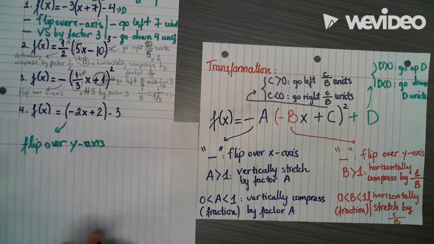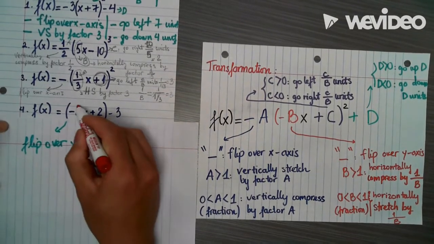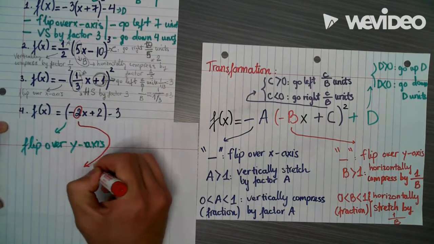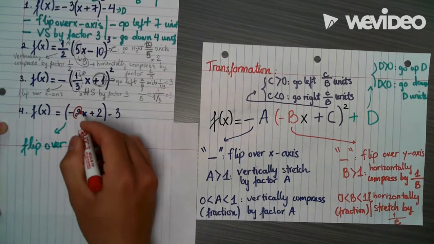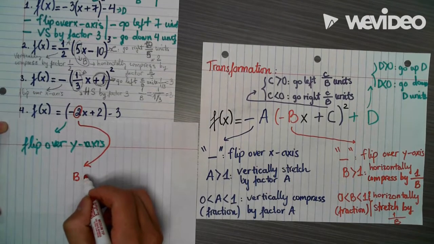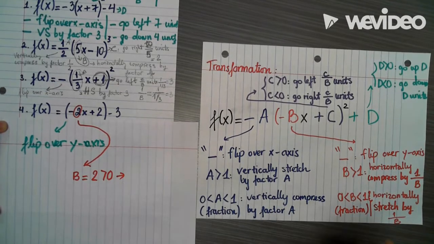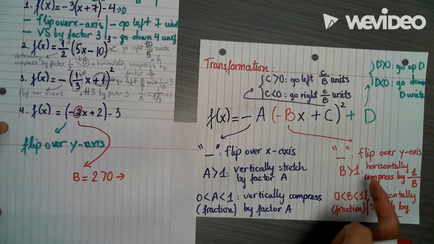This number 2 here, what does it do? 2 is inside, so it's a B, and 2 is bigger than 0.